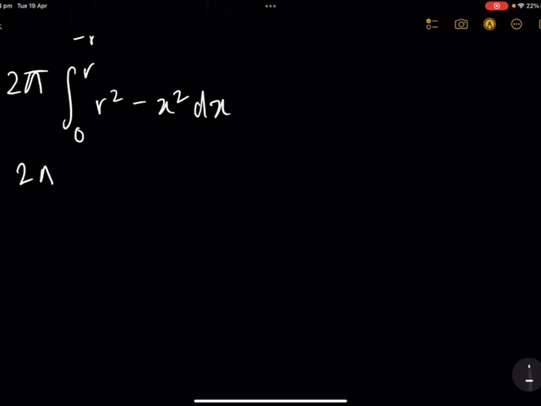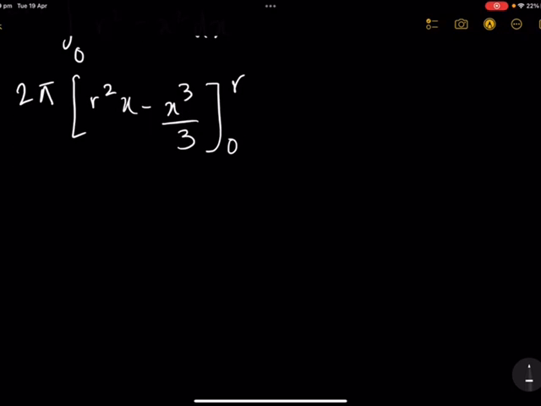Simplifying this further, now it's actually time to integrate. This will be r squared x minus x cubed on 3, integrated from 0 to positive r. Now, the 0 cancels everything out, so this would be r cubed minus r cubed on 3.